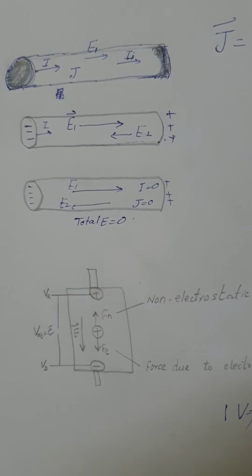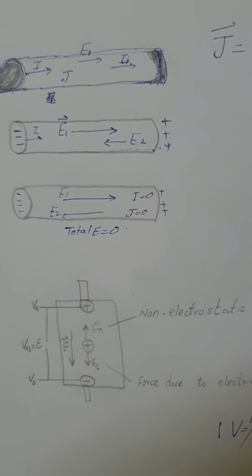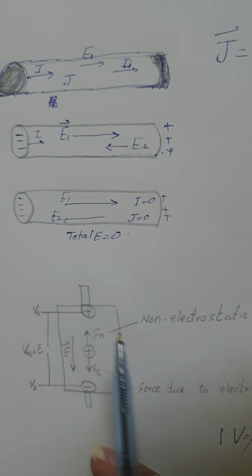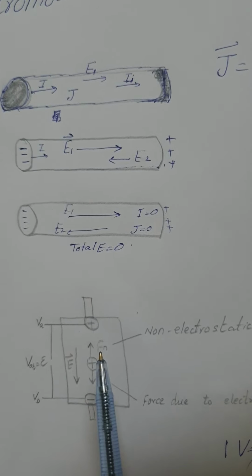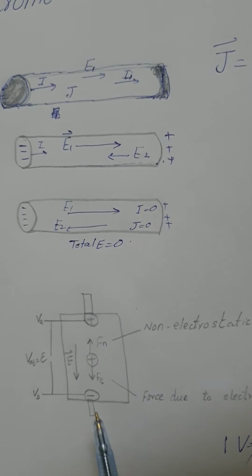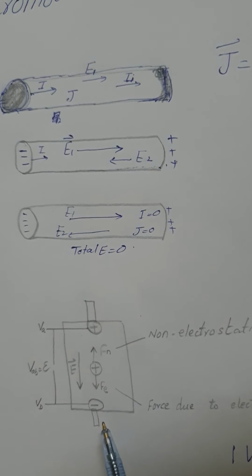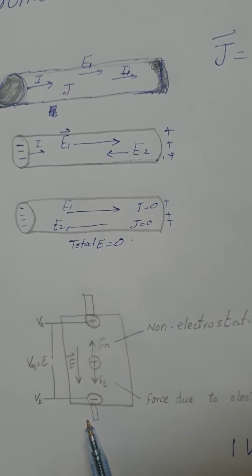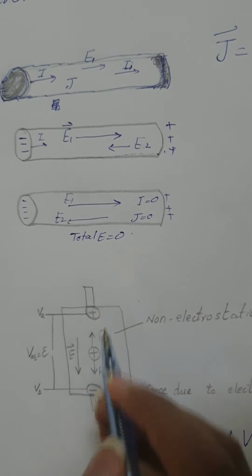An ideal source of EMF maintains a constant potential between its terminals, independent of the current through it. This is a schematic diagram of an ideal source of EMF that maintains a potential difference between conductors A and B, called the terminals of the device.